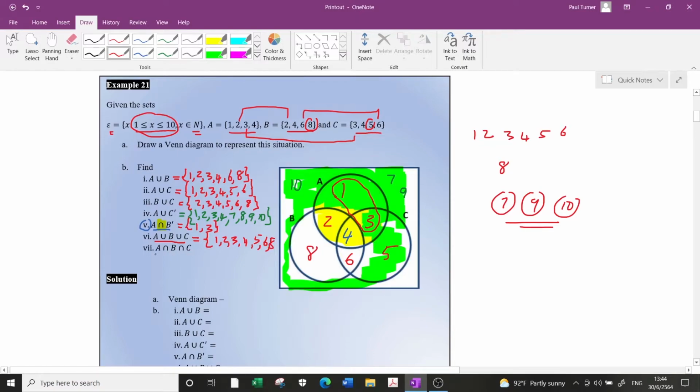And the last one, it's asking us, where do the three sets intersect? And that is only in the middle here. So that's the common element between all of the three sets. So your answer there is only one element, which will be 4.